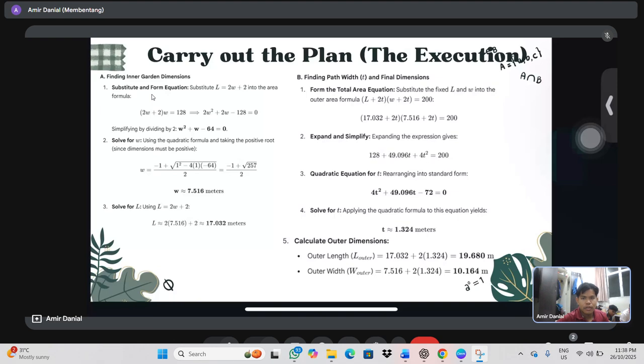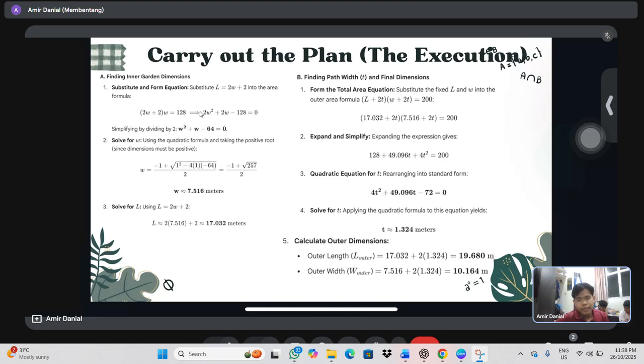So the next step is carry out the plan, the execution. And the first step is finding the inner garden dimensions. We need to substitute and form the equation, which is substitute L equals 2W plus 2 into the area formula. So it's (2W plus 2) times W equals 128.